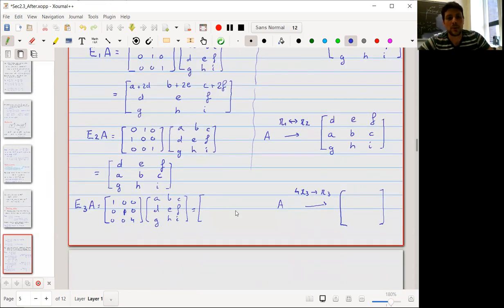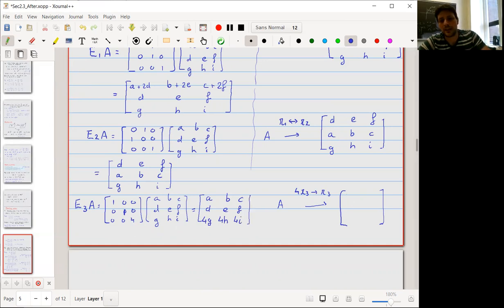Here's a last example. Let's just compute the third row, because that's where something is going to happen. Check by yourselves that the first two rows of this product will remain the same, but for the third, I will get something like 0 times A plus 0 times D plus 4 times G. Likewise, I will get 4H and 4I by multiplying it out.